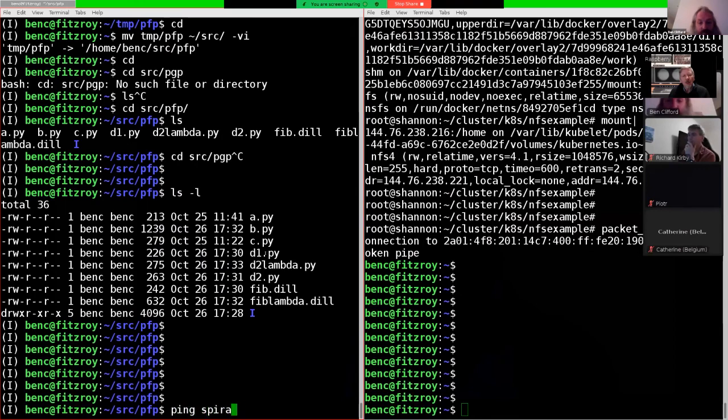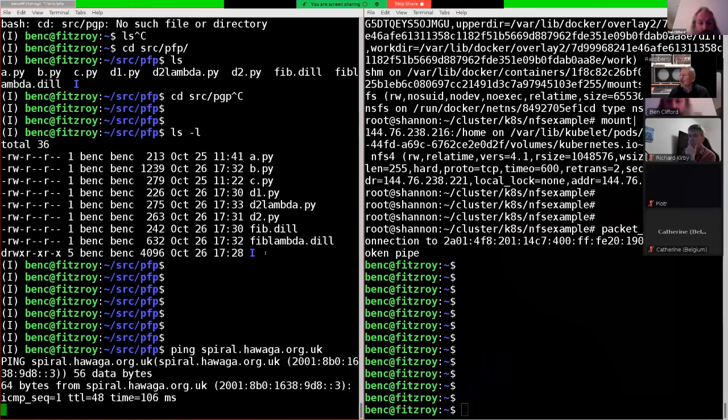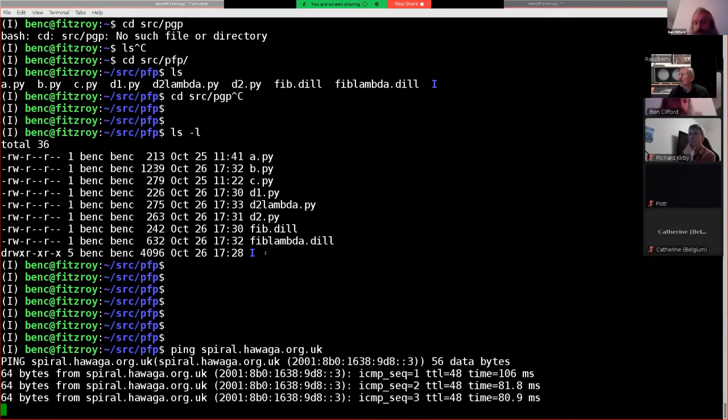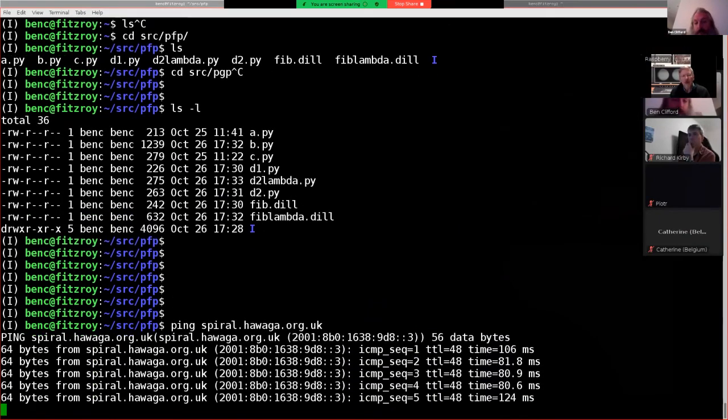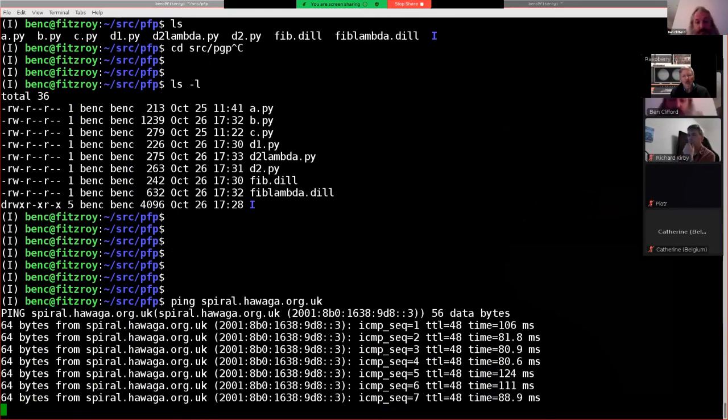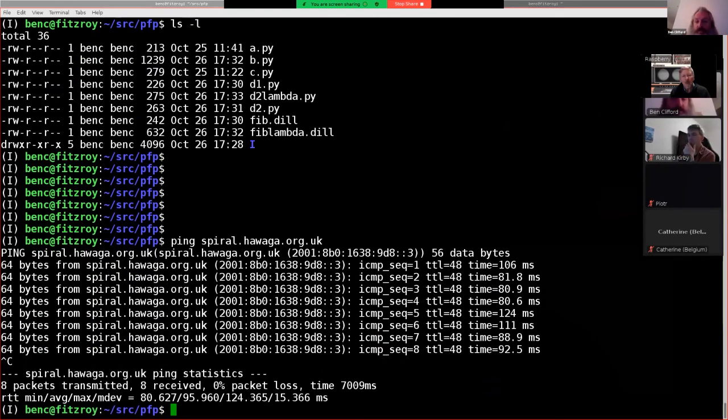I can, for example, say ping spiral.hawaga.org.uk. There we go. So you would be able to do this if you have a working IPv6 connection. If you don't have IPv6, that will tell you something about no address or something like that.